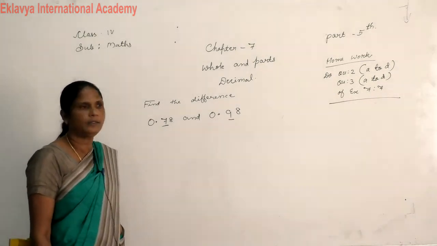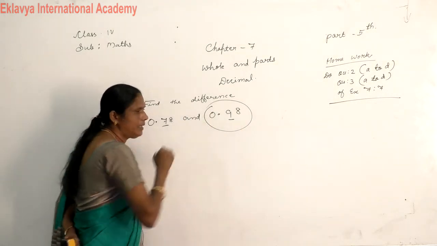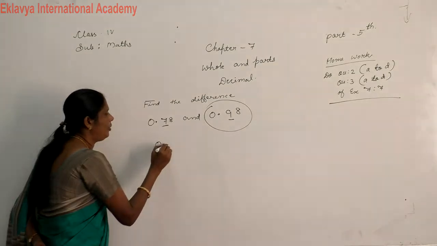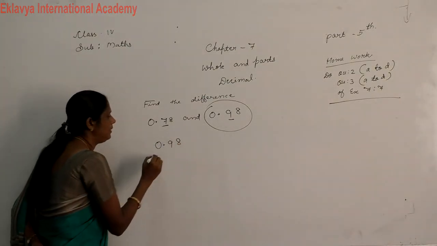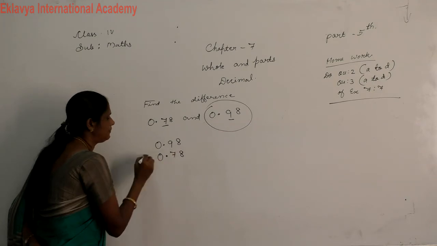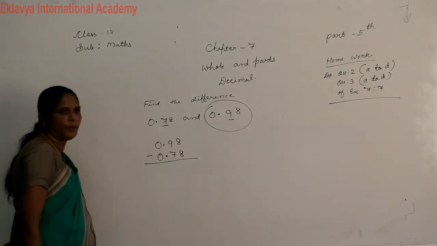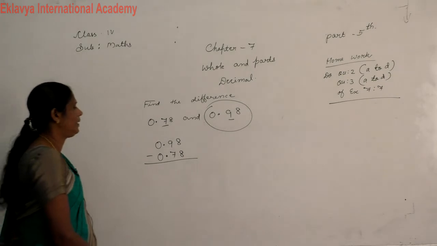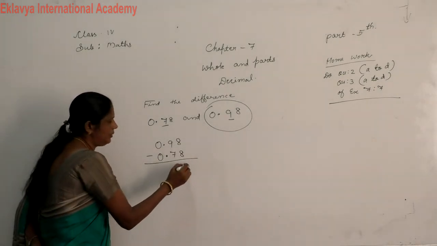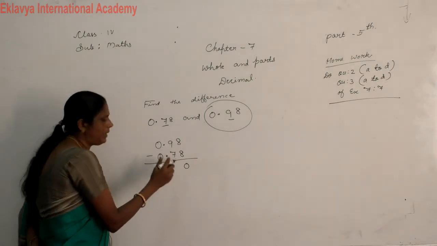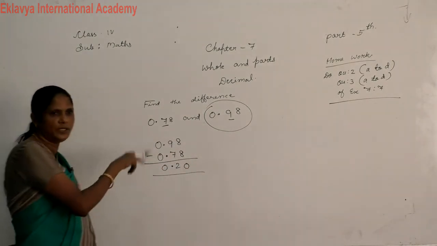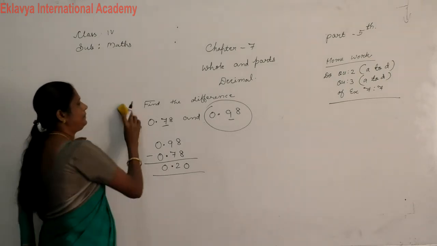Which is greater? This number is greater. Now you write 0.98, then 0.78. Now you subtract. 8 take away from 8, 0. Then 7 take away from 9, 2. So 0.20. You understand this? Then next question.